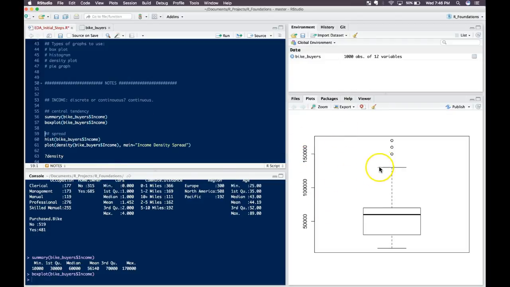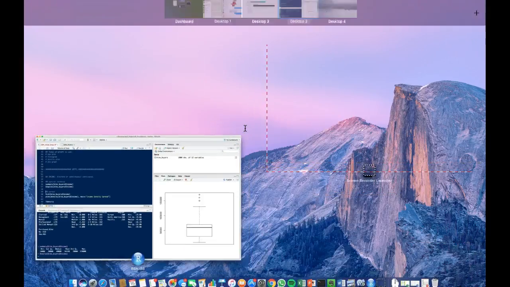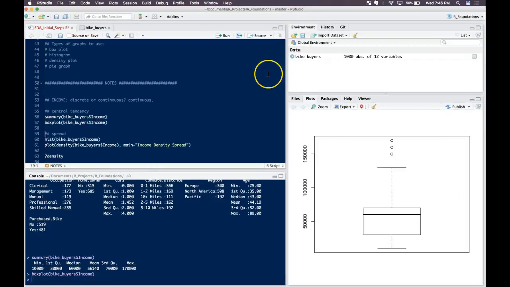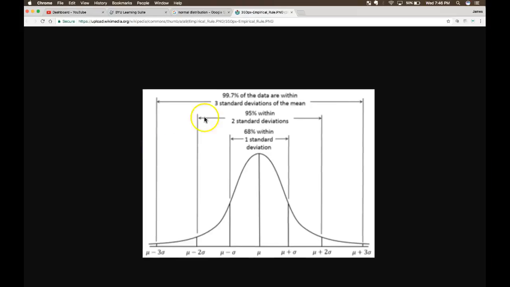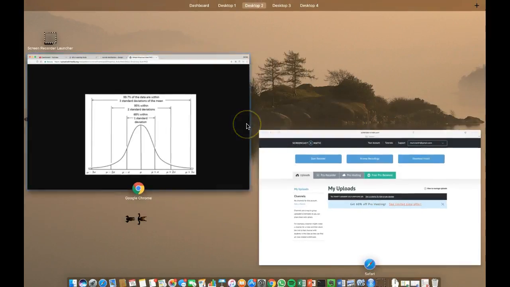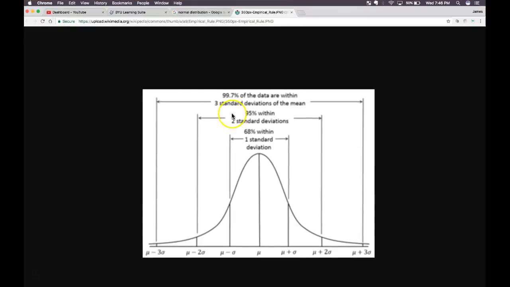Alright, so this box plot is really helpful. And if you're not very familiar with box plots, an easy way to understand it is, let's pull this here. If we look at this basic graph, this is a normal distribution curve, right?